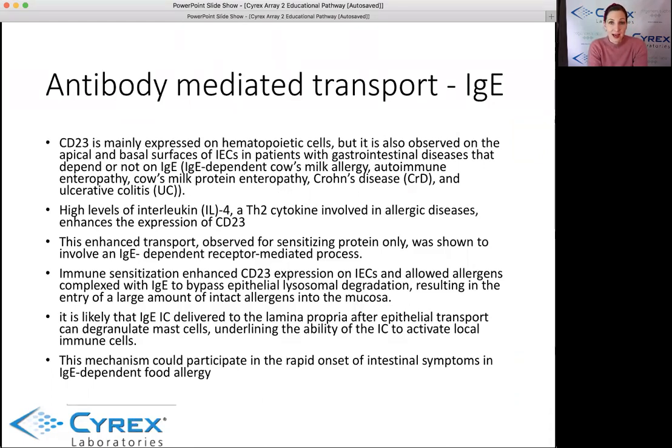So they're not broken down. And this, of course, creates a much larger target for immune recognition and immune activation. And with IgE-mediated responses, of course, we're talking about mast cell activation and classical allergy symptoms as a result of that.